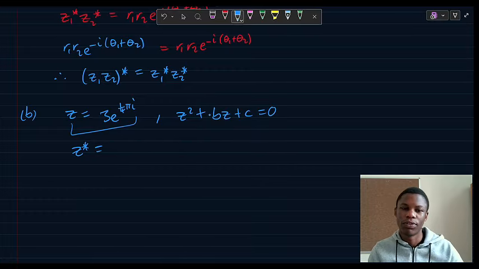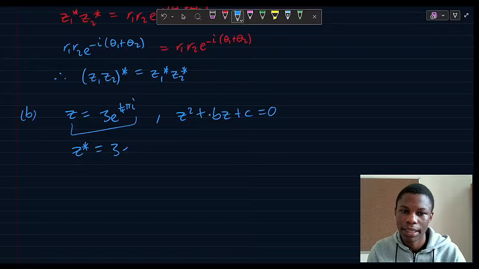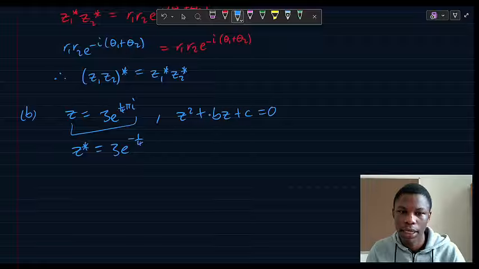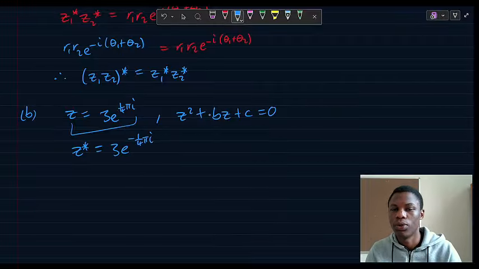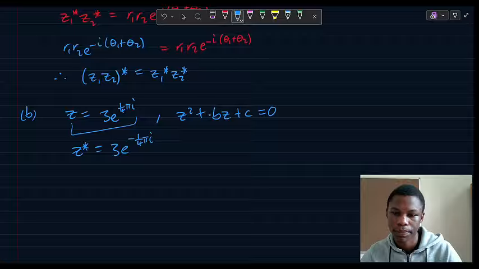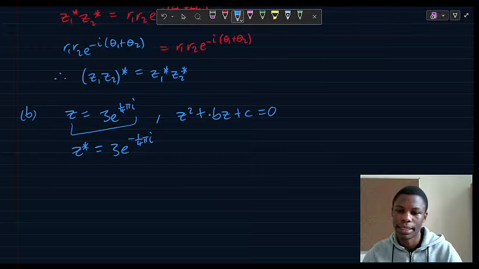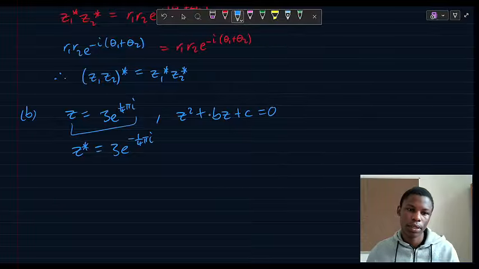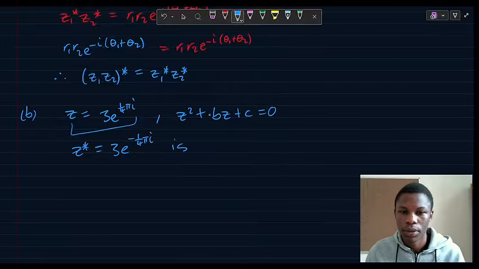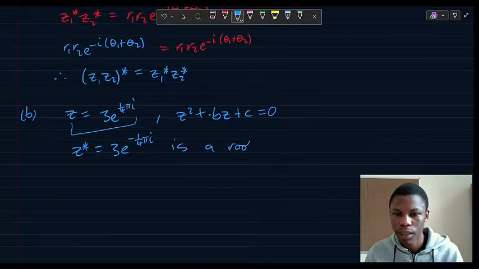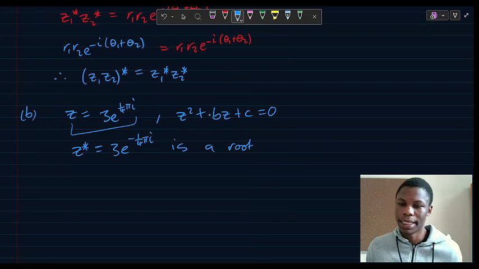And following what we've been discussing, the complex conjugate is just going to have the negative argument. So 3e to the negative a quarter pi i is also a root of our equation here. And now we need to figure out what b and c are.